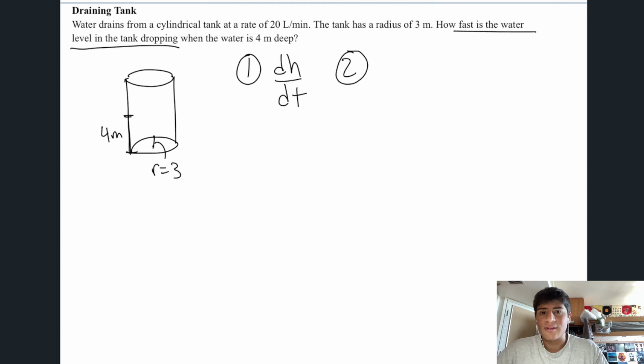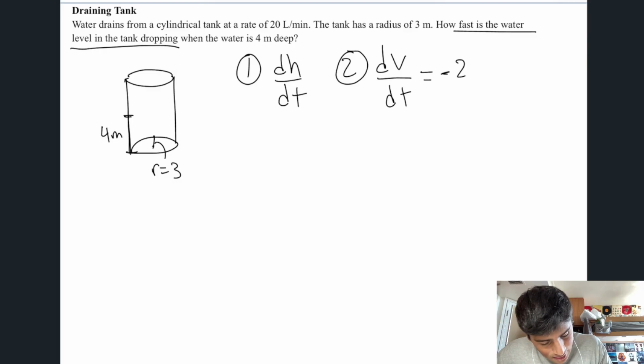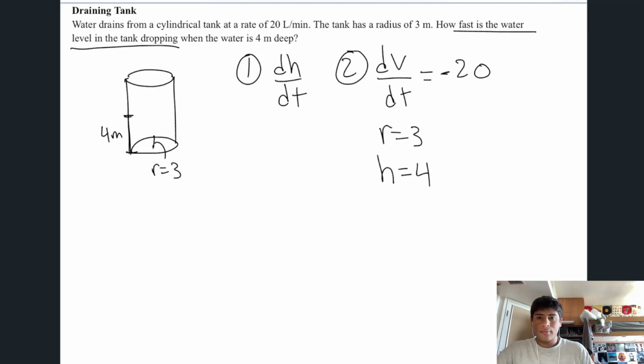What do we know? Water drains from a cylindrical tank at a rate of 20 liters per minute. Liters are volume, minute is time, and it's draining, which means it's going to be a negative rate of change because that amount is getting less. We know that r equals 3 and h equals 4.